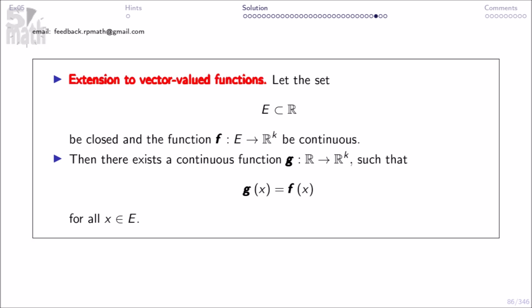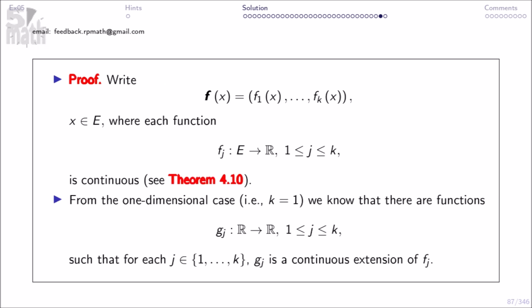Extension to vector-valued functions. Let the set E subset of R be closed and the function f here be continuous. Then there exists a continuous function g here such that g of x equals f of x for all x in E. Proof. Let f of x equal this, x element of E, where each function f of j is continuous.